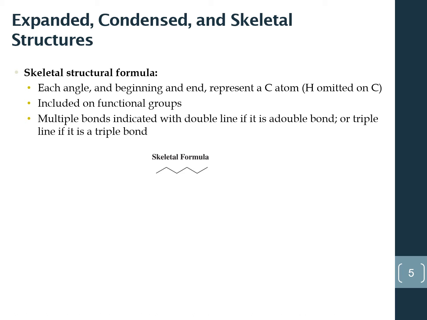So now the first line that you have right here, it's giving you the information that you need to interpret that skeletal formula that you have. Each angle, the beginning and the end in your formula represents a carbon.